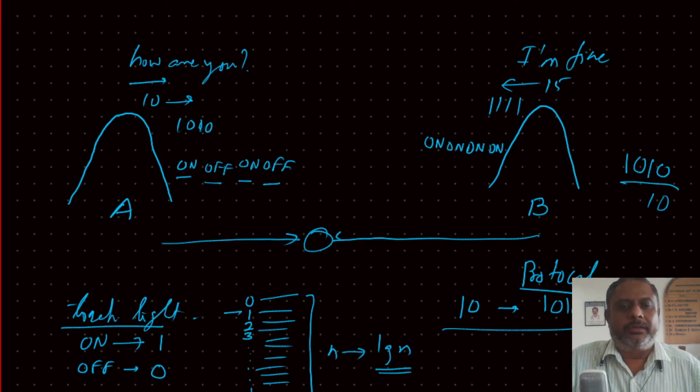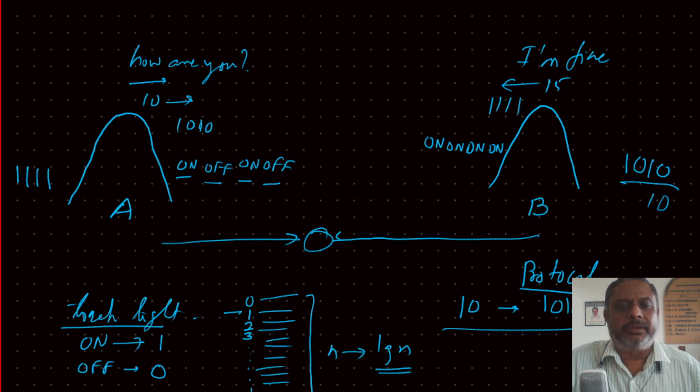Person A looks, and the torch is on, so it is 1. He looks again after some time, the torch is on, so he writes another 1. Then again, 1, the torch is on. Again the torch is on, so 1.